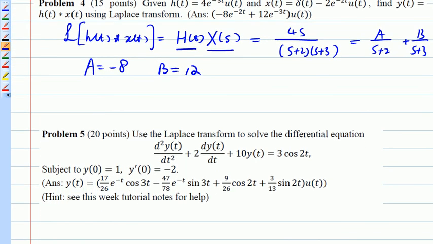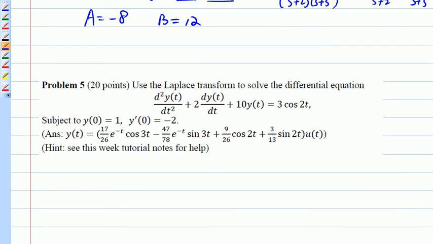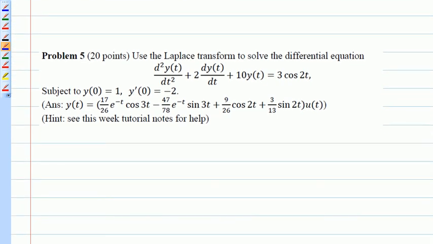So for problem number 5, this is a typical application of the Laplace transform in solving a differential equation, and I put this one as one of the tutorial questions. The first step, of course, is to take the Laplace transform of both sides of this differential equation, and don't forget to use the differential property.